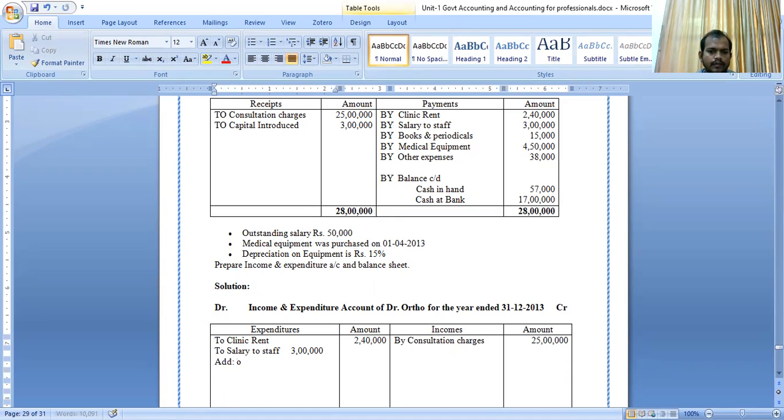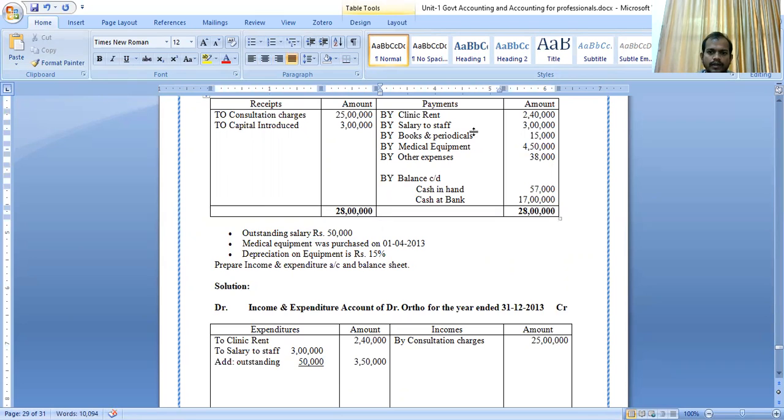Add outstanding, because we are preparing income and expenditure statements, so we can record outstanding expenses. So we have to record on accrual basis. So 3 lakh 50,000.